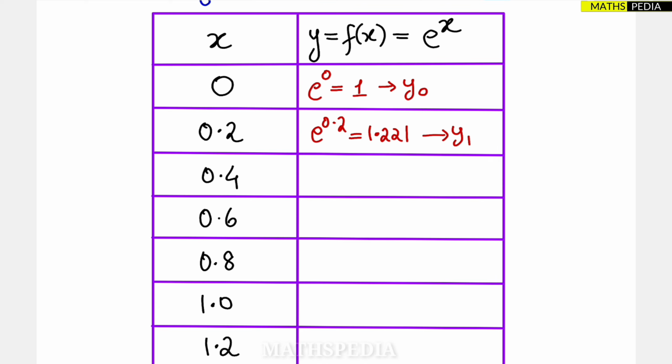So 3 decimal places means after the decimal point you take at least 3. If the question says take 4, you take one more decimal place. After the decimal point, the numbers denote the decimal places: 3 means 3, 4 means 4.